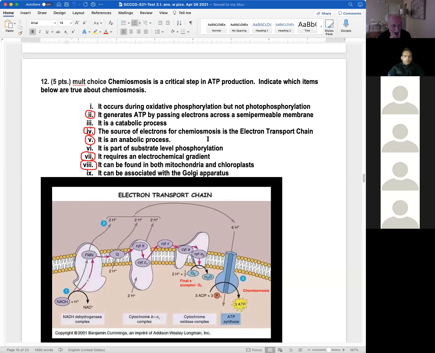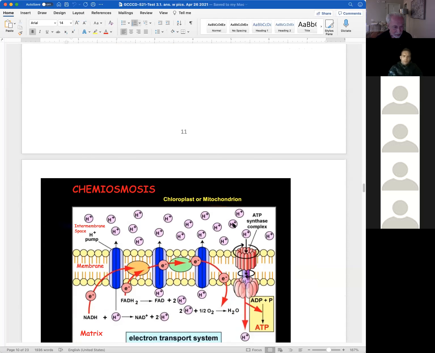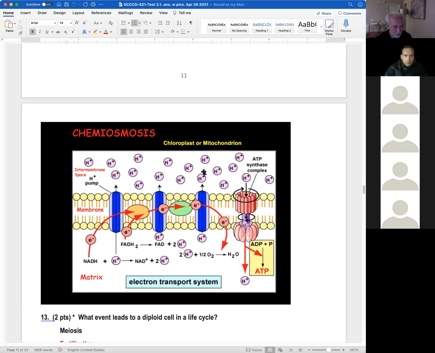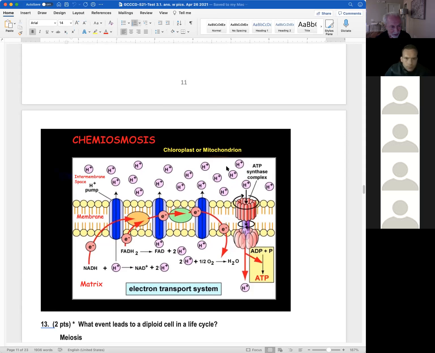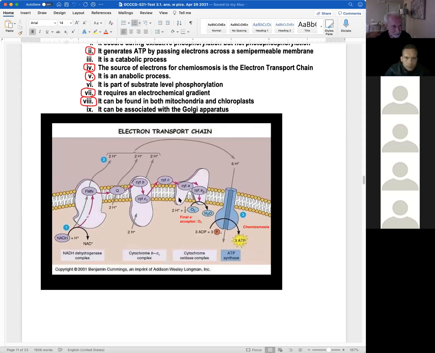It requires an electrochemical gradient. You can see that shown well in this slide, where the concentration of electrons is much higher on one side of the membrane than the other. And when they pass through the membrane from higher to lower concentration, ATP is generated.